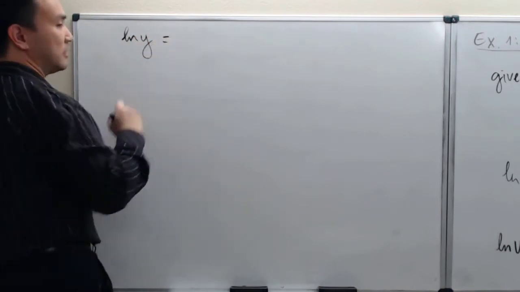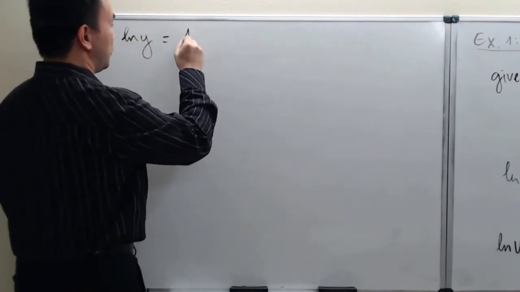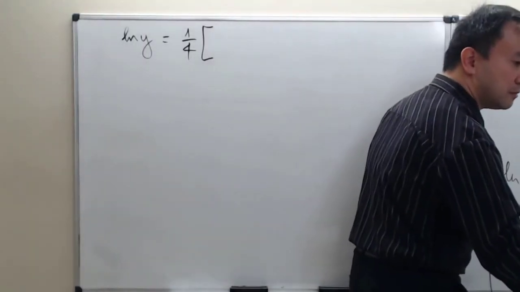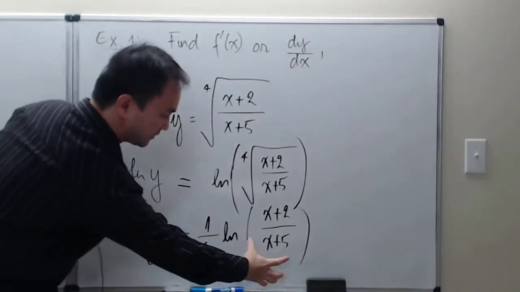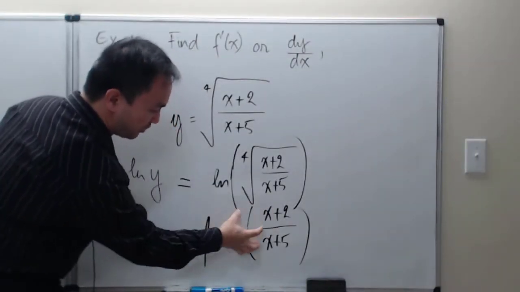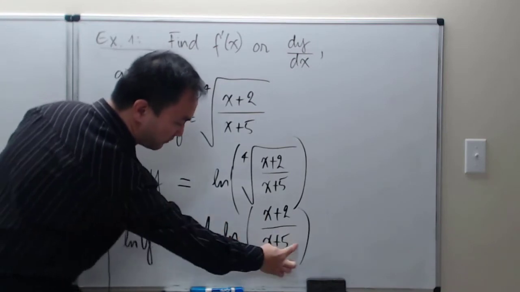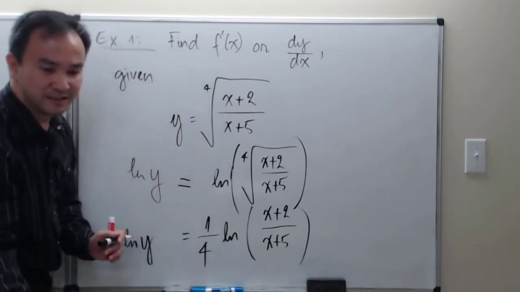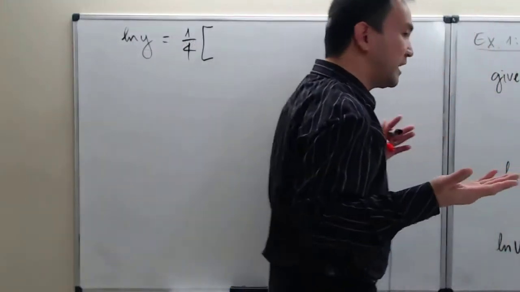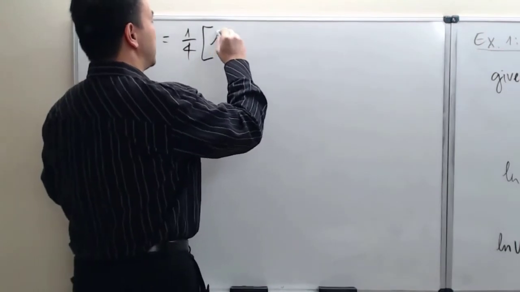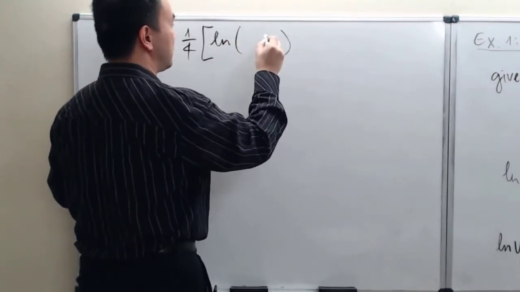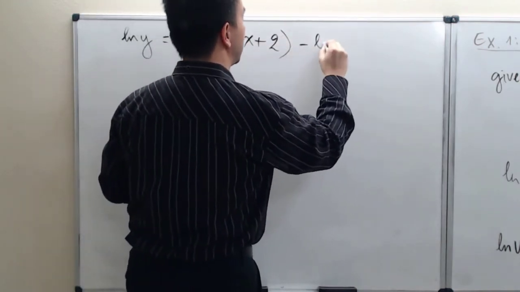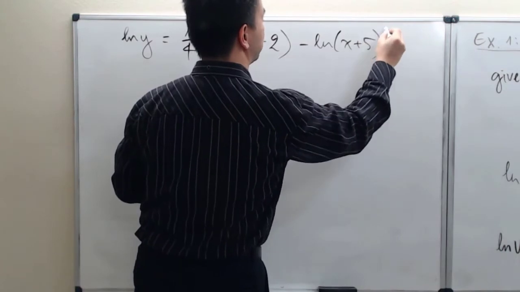So natural log of y on the left hand side, nothing to be done. 1/4 on the right hand side, but now I am going to break this expression into natural log of x plus 2 minus the logarithm of x plus 5, because here we have a quotient inside of our logarithm. And again, I need to remind everyone, we are not taking the derivative yet. We're just simply breaking it down into smaller logarithm expressions. So natural log of x plus 2 minus natural log of x plus 5.